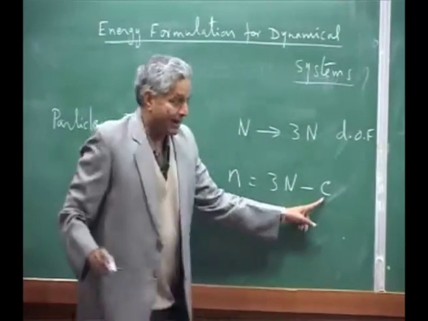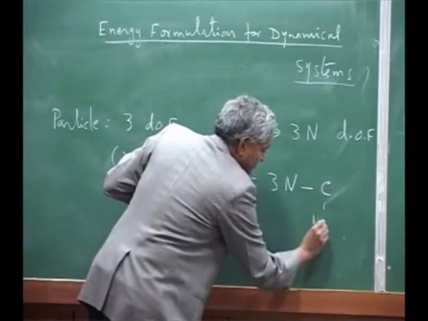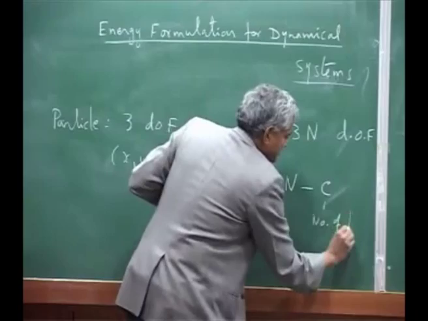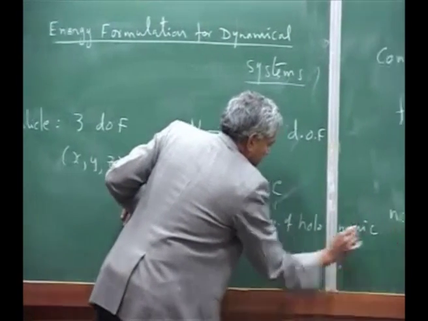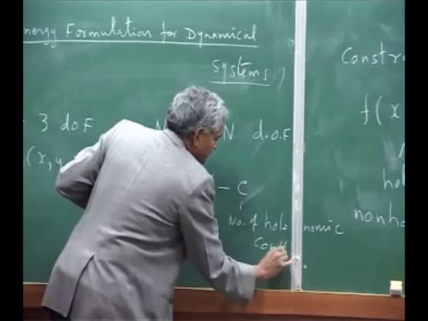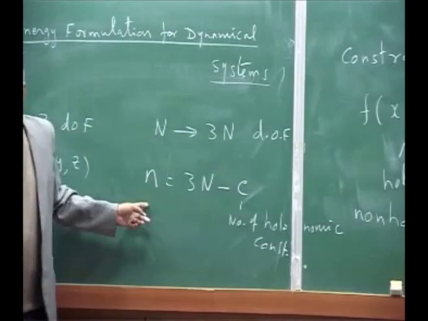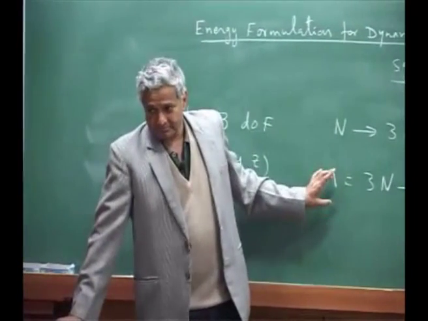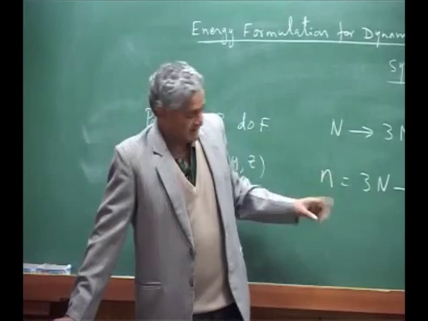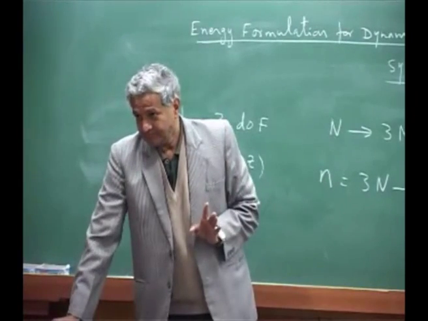This is the number of holonomic constraints. This is my final degrees of freedom, and these are independent. This is the degrees of freedom of the system.